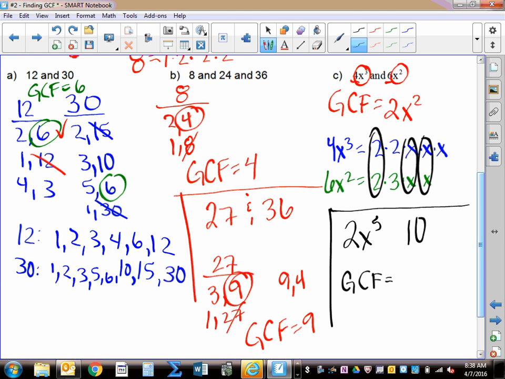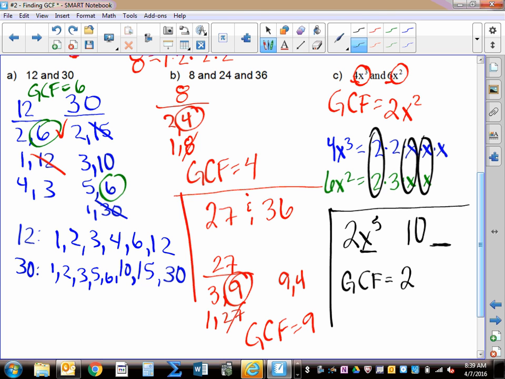So GCF of 2 and 10 would be 2. Do I have any variable though? No, because if I look at my variables, we have x to the 5th, and there are no x's over here. So there are no x's in my GCF, because it has to be in common. They both must have it. 10 doesn't even have any x's at all whatsoever, so it can't be a part of your GCF. X isn't a factor. Okay.